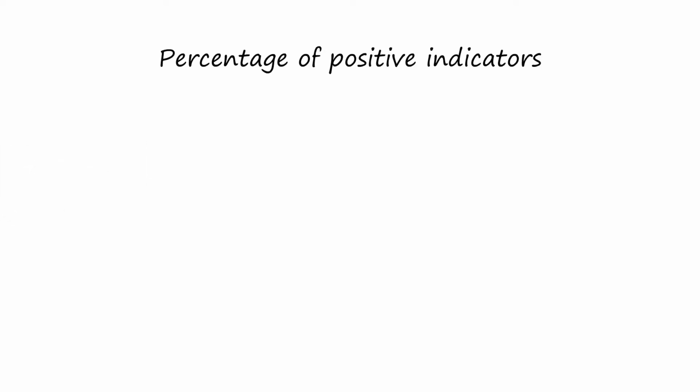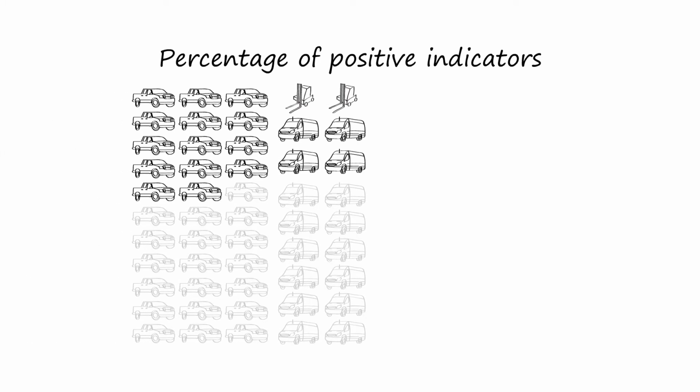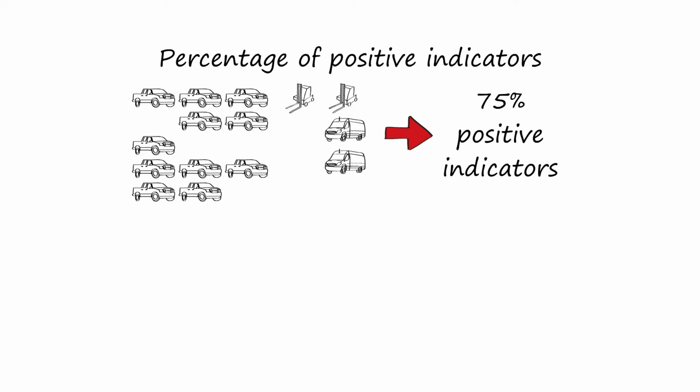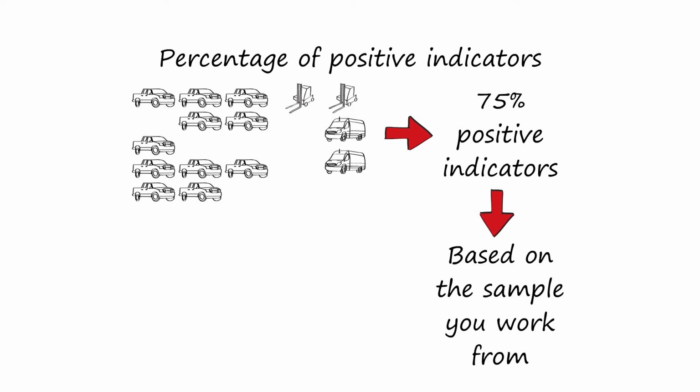That brings us to the percentage of positive indicators. If you looked at 20 of 50 vehicles and 5 of them are missing inspection and maintenance records, while 15 of them have all the necessary records, that represents 75% positive indicators. Your percentage of positive indicators is always based on the sample you work from.